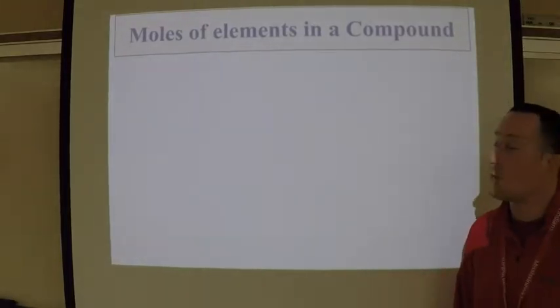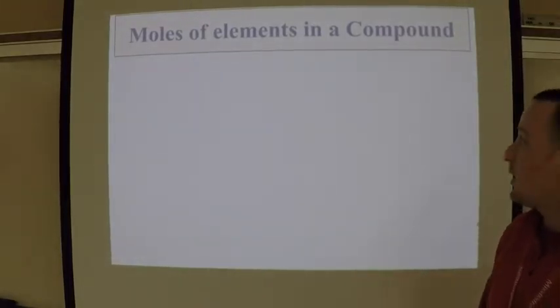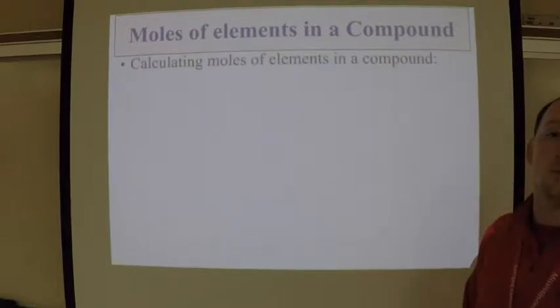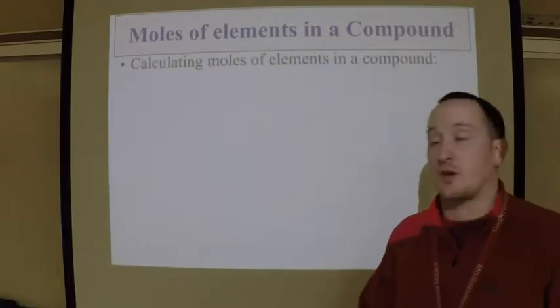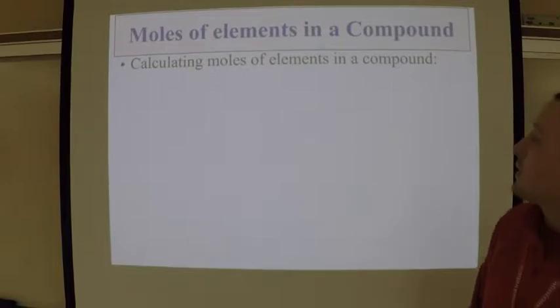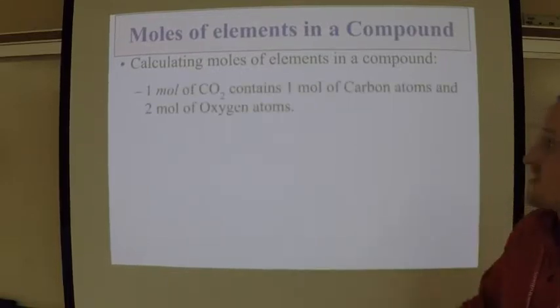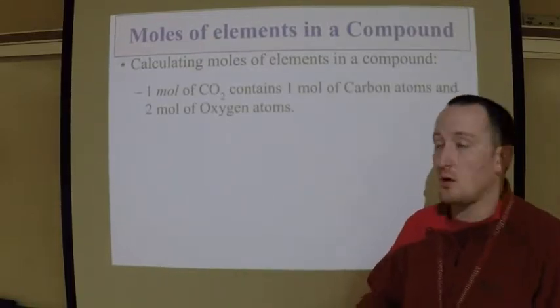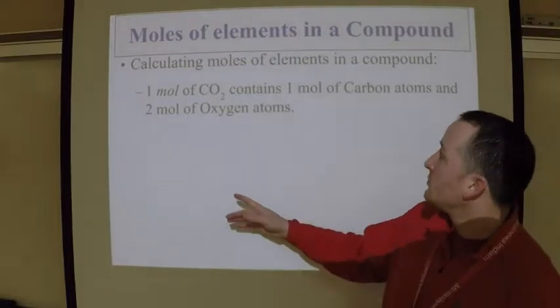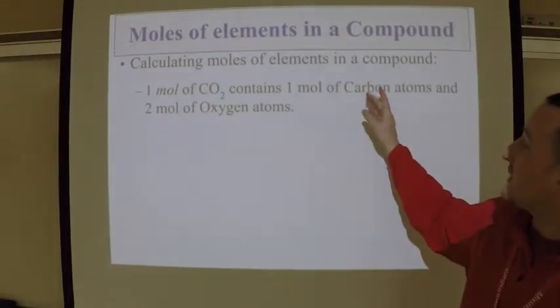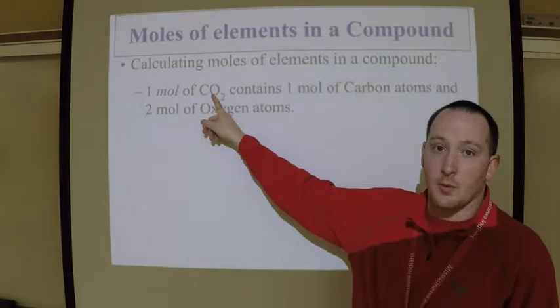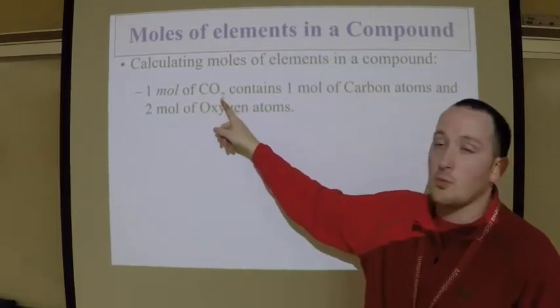In order to find the moles of elements in a compound, the first thing you need to do is find out how many moles of a compound you have. So let's say that we had 1 mole of CO2. Well, 1 mole of it contains 1 mole of carbon, but it contains 2 moles of oxygen.